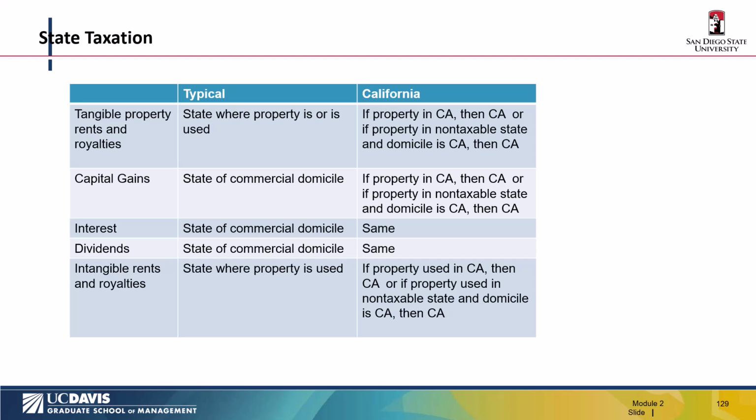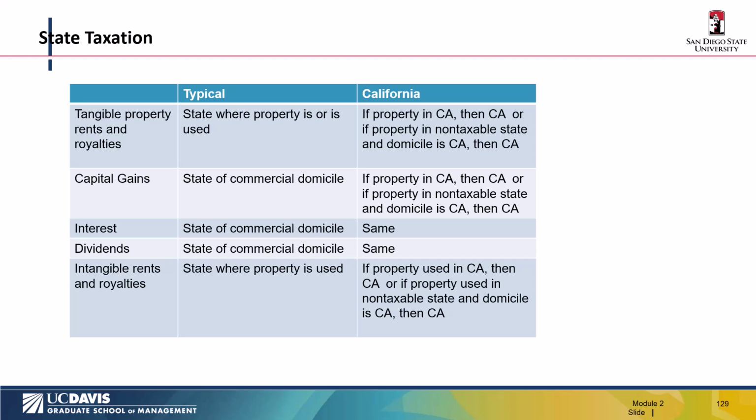So what are the typical rules for these? For tangible property, rents, and royalties, that's typically the state where the property is or is used. That's basically the same for California: if the property's in California, then it's California. If it's in a non-taxable state and the corporation is domiciled in California, then it's California also.